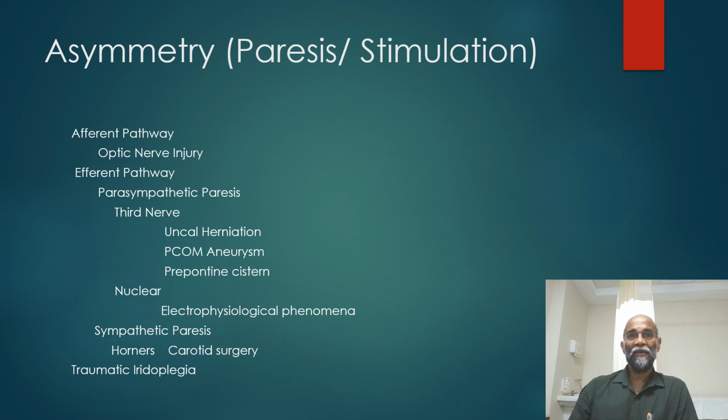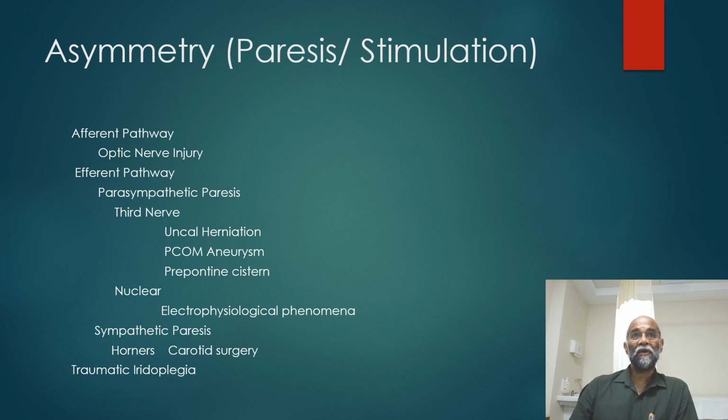So, in anxiety states, for example, both pupils might be larger. When a person is sleeping, the pupils tend to be smaller, more constricted. What is more significant is an asymmetry in the pupillary size, especially if it is of recent origin.